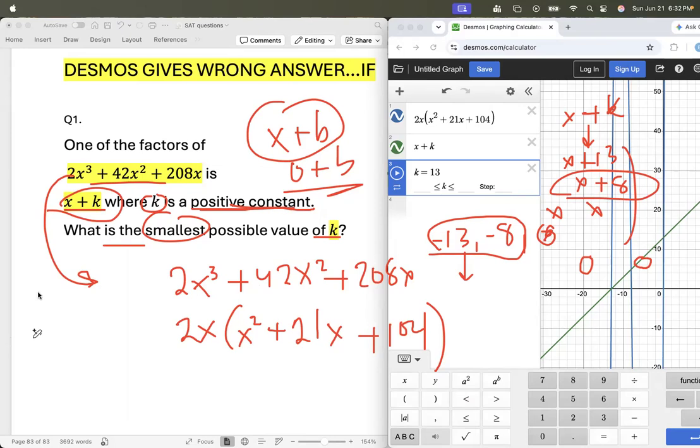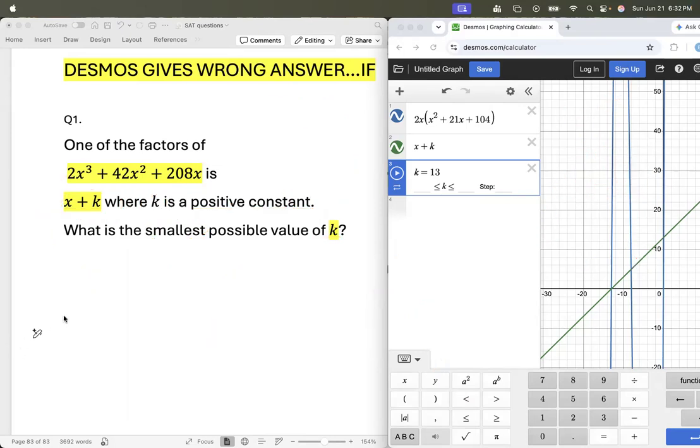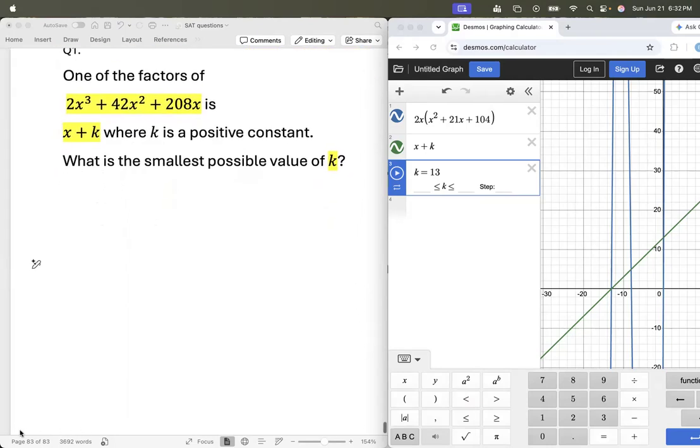Now, let's go back to the algebra, and I'll show you how to factorize this. There's 2 forms of factorization. The first one, we're almost done with it, right? We try to do 2x and then s squared plus 21x plus 104.